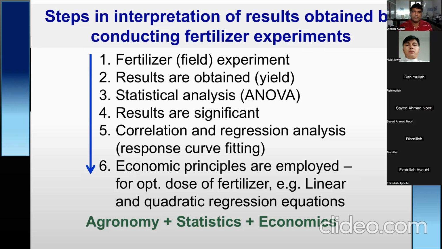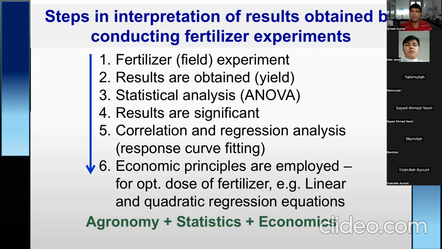So different doses of the fertilizer will be applied by you to the field. And then you will record the yield data. The economic yield will be recorded: what was the yield at 0 kg, what was at 40 kg, 80 kg, or 120, 160, 200 kg. At different levels of nitrogen or any nutrient, you need to record the data on the crop yields.